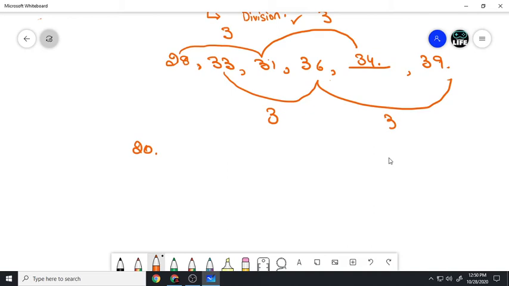And now check it. 4, 3, 2, and what will be the difference between these two? 1. So 11 minus 1 is 10.